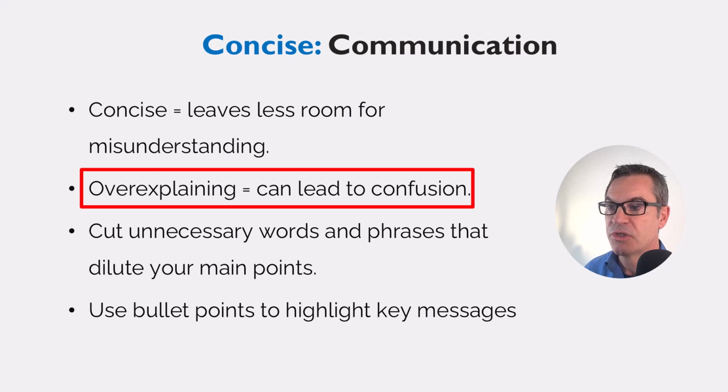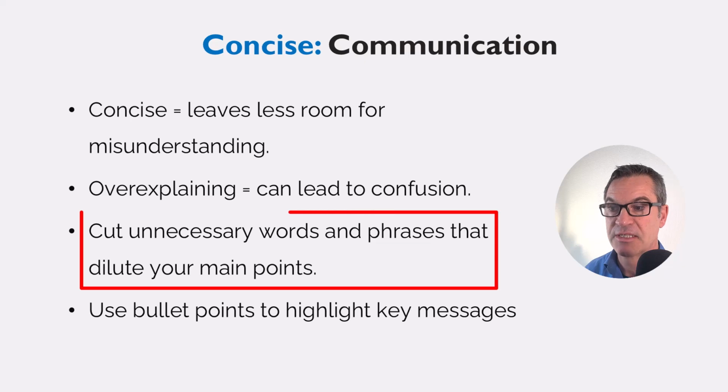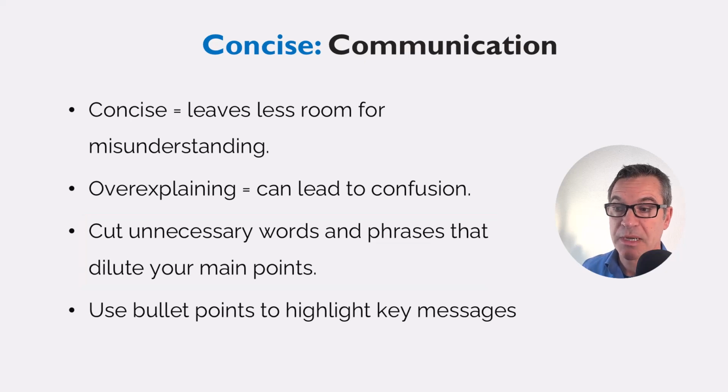What you can do is try to cut out unnecessary words and phrases that simply dilute your main points. If you are also using visuals, such as PowerPoint, to communicate to people, such as if you're providing training or doing a meeting, then try using basic bullet points, because that can help too.